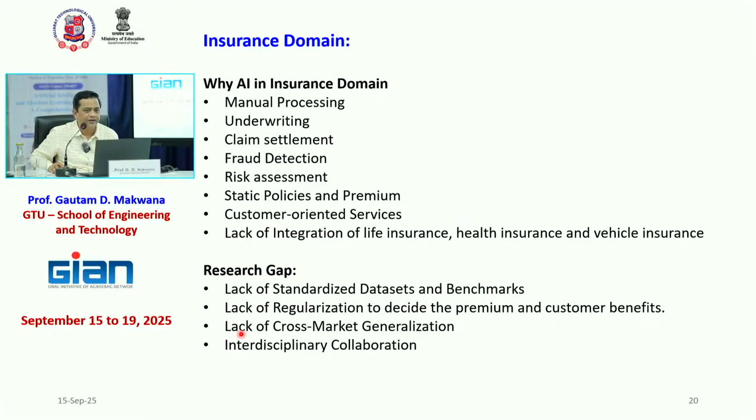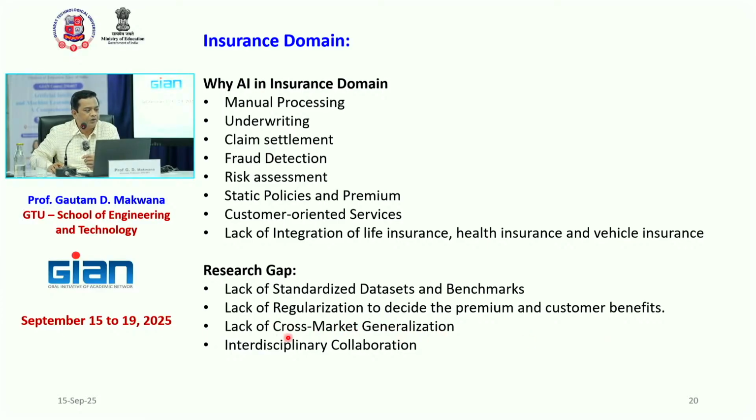So here the main research gap is the lack of standardized datasets and benchmarks. In our case we don't have much dataset, so this is one of the research gaps. Lack of regulation to decide the premium and the customer benefit.